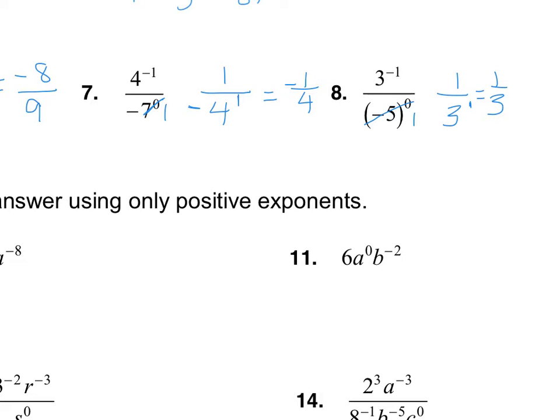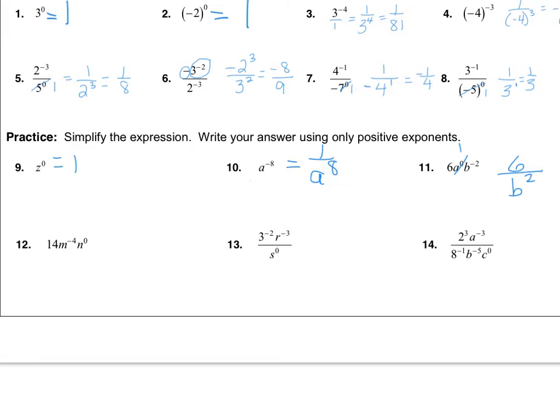Okay, so number 9, number 10, and number 11 I want you to do on your own. So pause your video, do 9, 10, and 11, and then start it up for the answers and explanation. I find it helps to look at these things as puzzles. The first one, number 9, that was a very simple one. Number 10, just getting used to your base being a variable instead of a number.